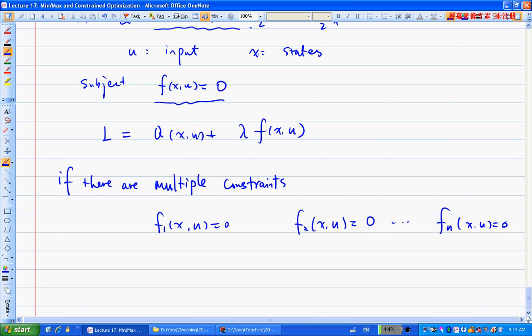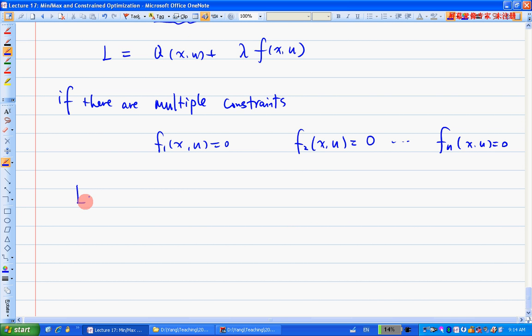So there are multiple constraints here. If this is the case, you do the same approach: lambda 1 f1, lambda 2 f2, up to lambda n fn.